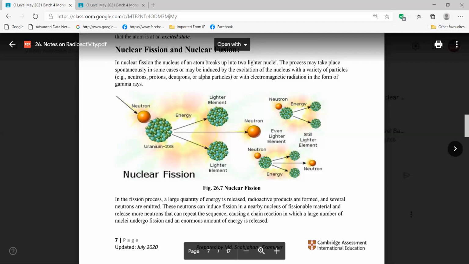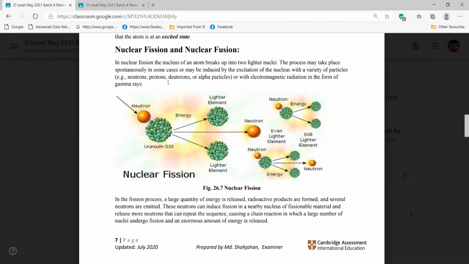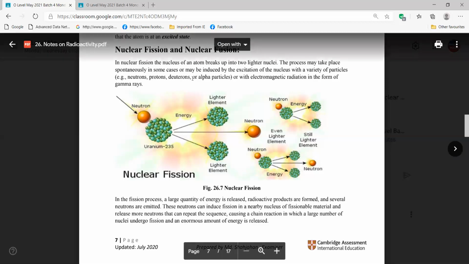Yes, what are those deuterons? Alpha particles. No, deuterons. But sir, there is a comma. Doesn't it say example? Then it could be neutron, proton, deuteron, or alpha particle.